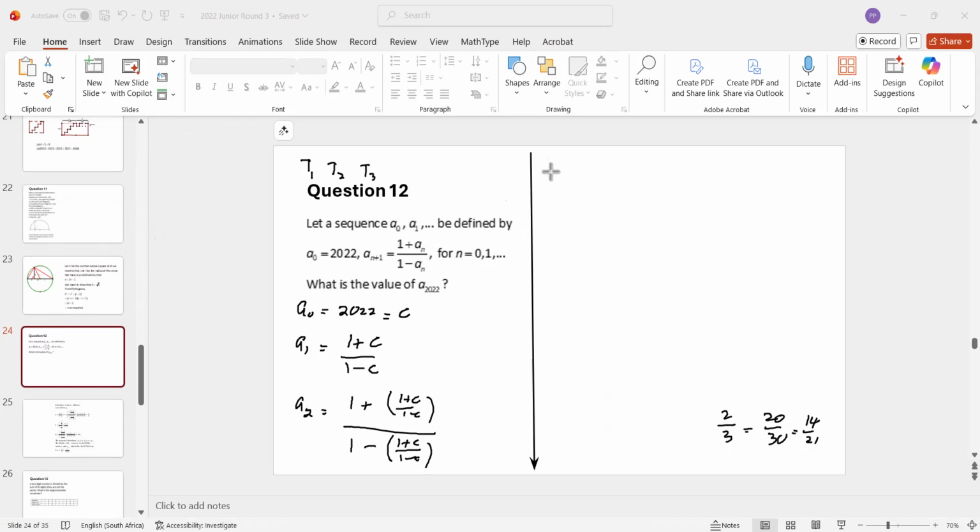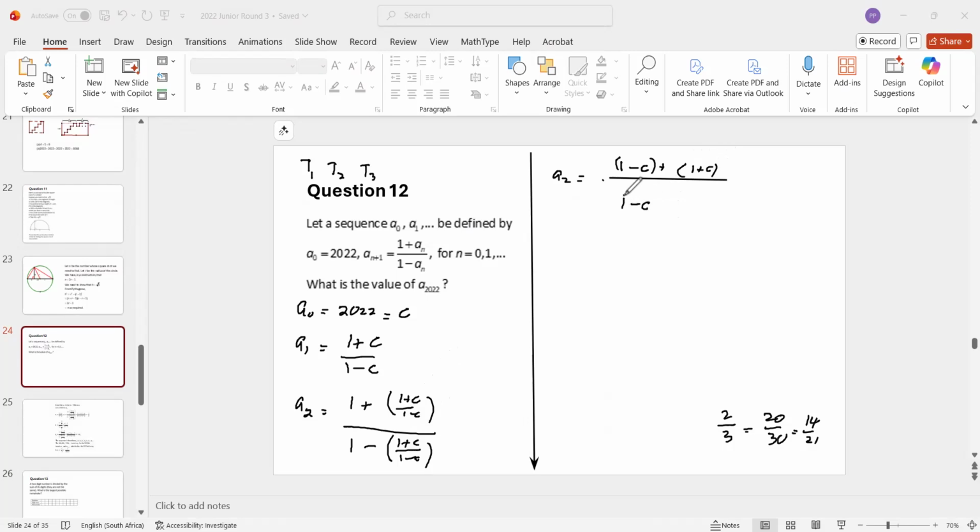This is A2. I'm going to multiply the numerator by 1 minus C. So you get 1 minus C plus, and the numerator is 1 plus C. When you multiply this by 1 minus C, you're just left with that. The same thing with the bottom.